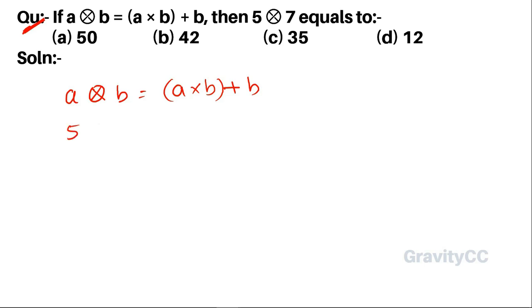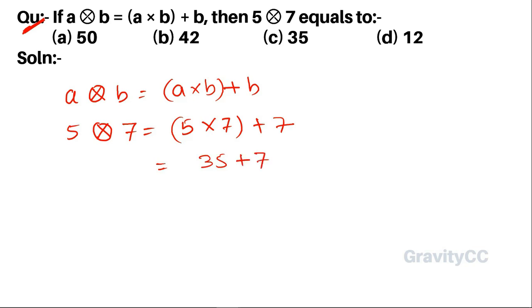So 5 circle crossing line 7 is equal to 5 multiply 7 plus 7. So is equal to 35 plus 7. So equal to 42. Answer. So option B is the correct answer.